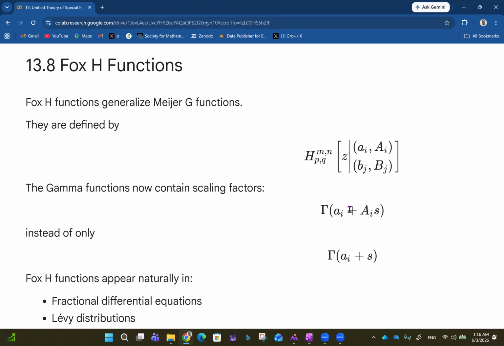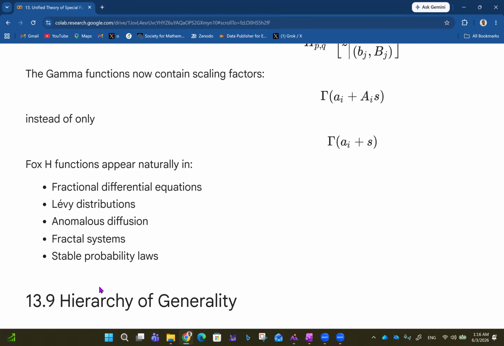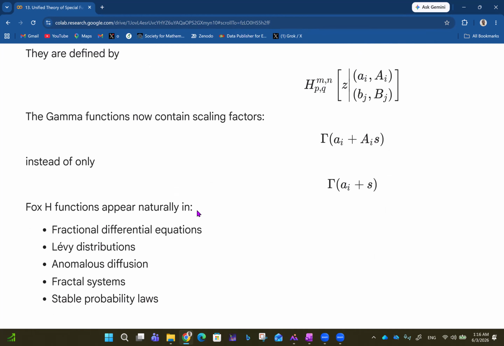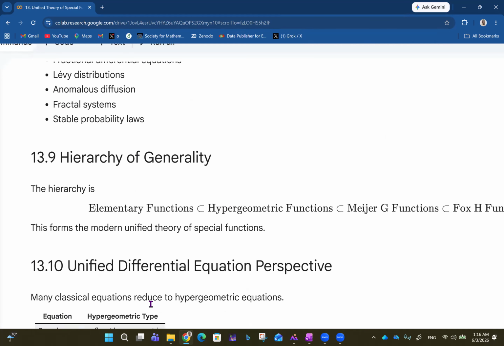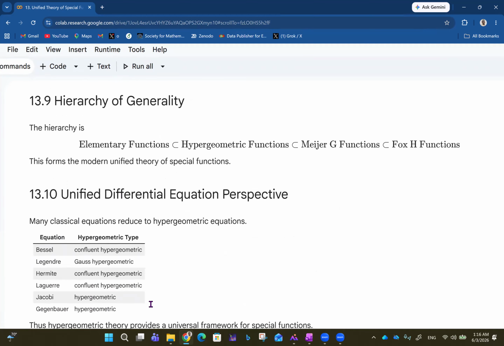You have gamma of a_i plus A_i multiplied by s, instead of gamma of a_i plus s. So Fox H functions appear naturally in fractional differential equations, Levy distributions, anomalous diffusion, fractal systems, and stable probability laws.